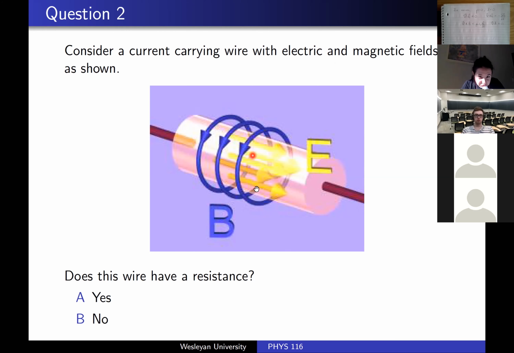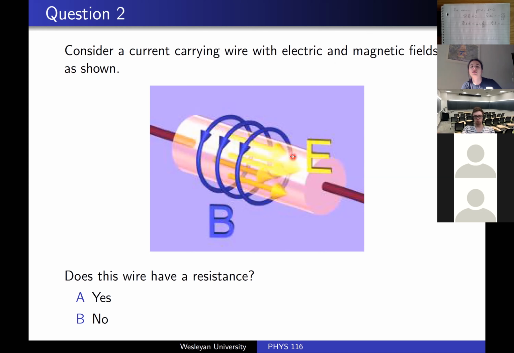And so we have electric field and magnetic field. So let's look at the direction of the Poynting vector. If I look over here at the top of the wire, E is pointing along the wire in the direction of the current. B is pointing tangent over here.